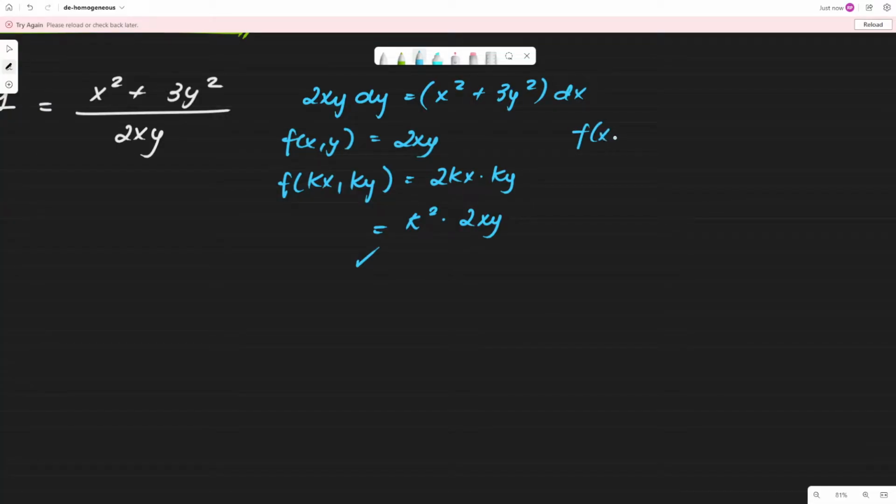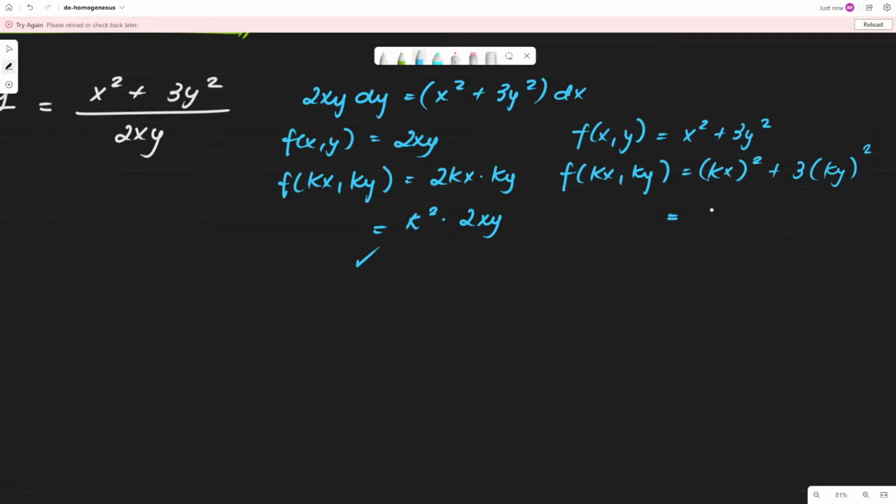So, we have f of x, y is equal to x squared plus 3y squared. Okay? Then, substitute natin si kx tsaka si ky. So, we'll have kx quantity squared plus 3 times ky squared, sorry.